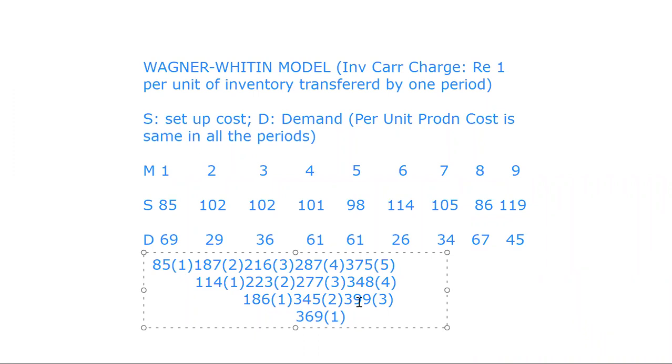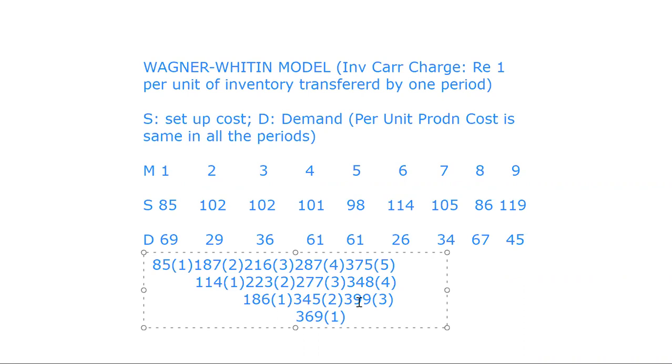So what he said is that for a 4-period problem, it is optimal to produce in period number 3, which means it is not optimal to produce in period number 2 and transfer it to period number 4.